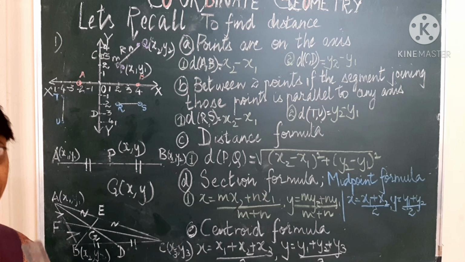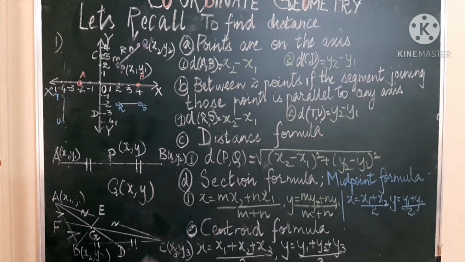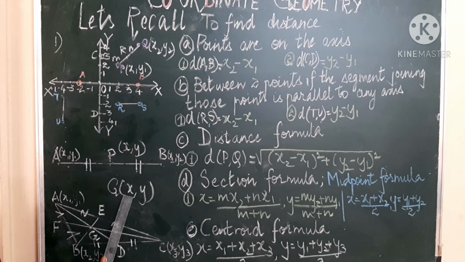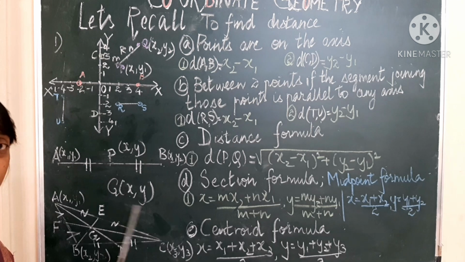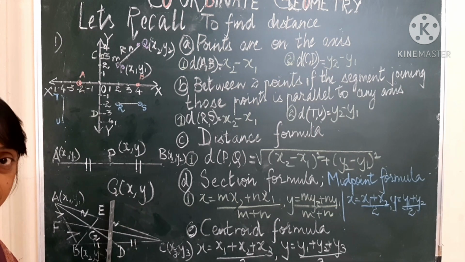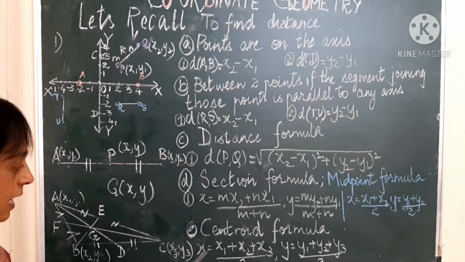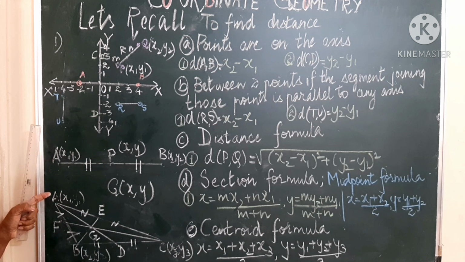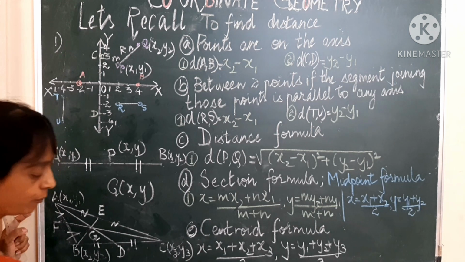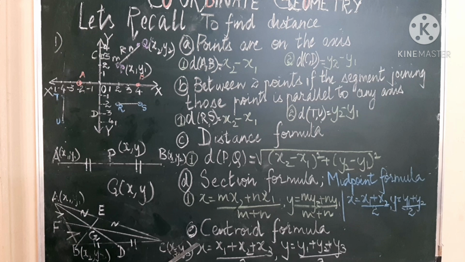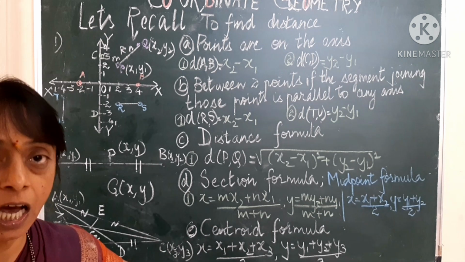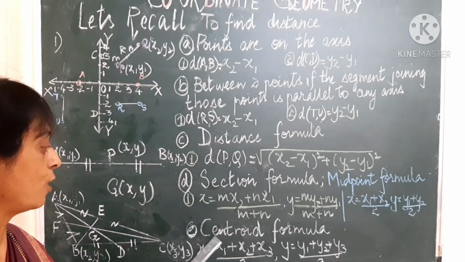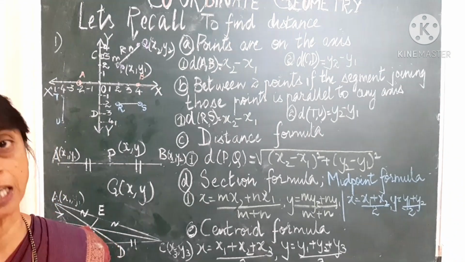We saw that we derived a formula to calculate the numerical value, that is x coordinate and y coordinate of the centroid G by the formula x is equal to x1 plus x2 plus x3 upon 2 and y is equal to y1 plus y2 plus y3 upon 2. So that was called as centroid formula.